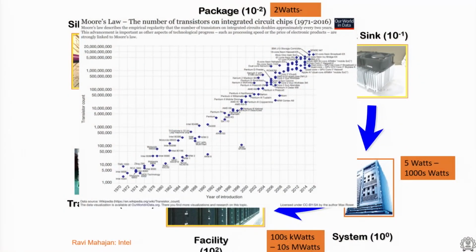Now if you look at transistors, there is the so-called Moore's law, which Moore forecasted in 1965. Moore was the founder and director of Intel Corporation.